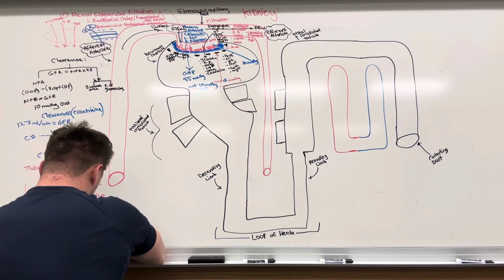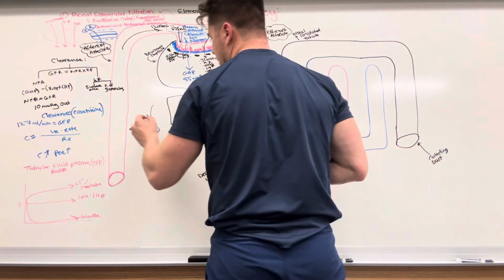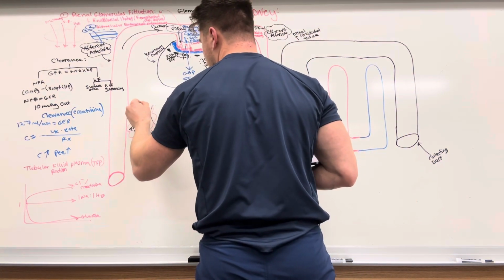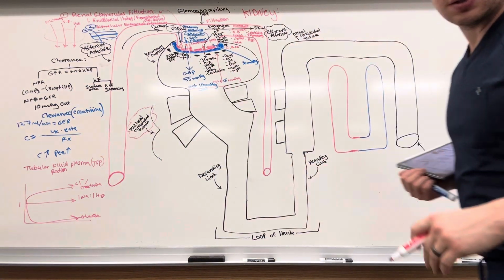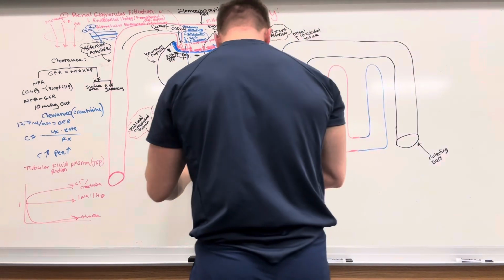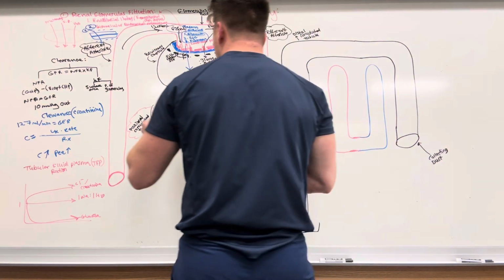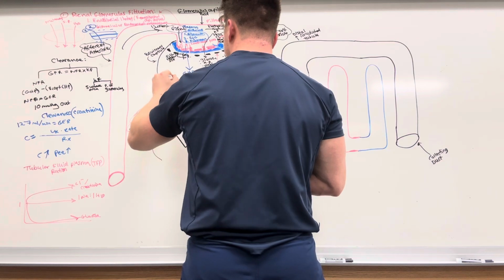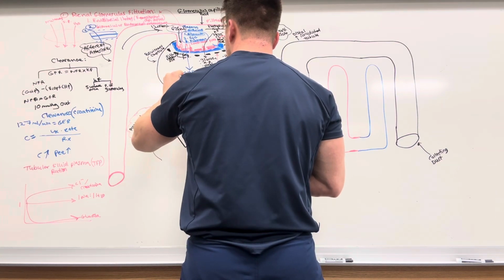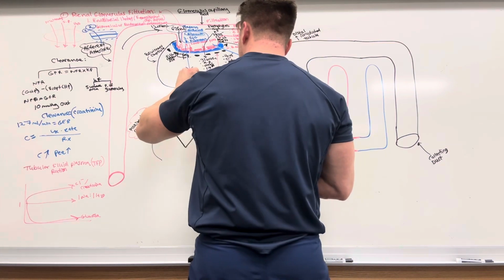Okay, let's talk a little bit about reabsorption. Reabsorption occurs here in the proximal convoluted tubule. Coming into the cell, we're sitting at about 300 milliosmolars per liter.